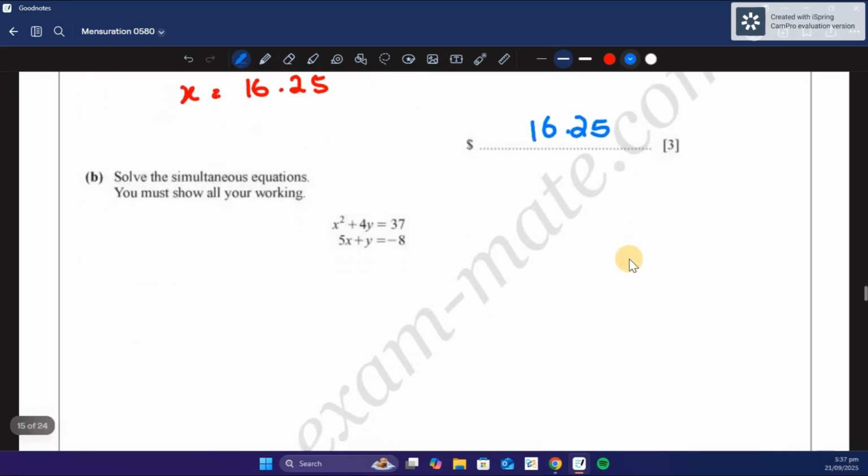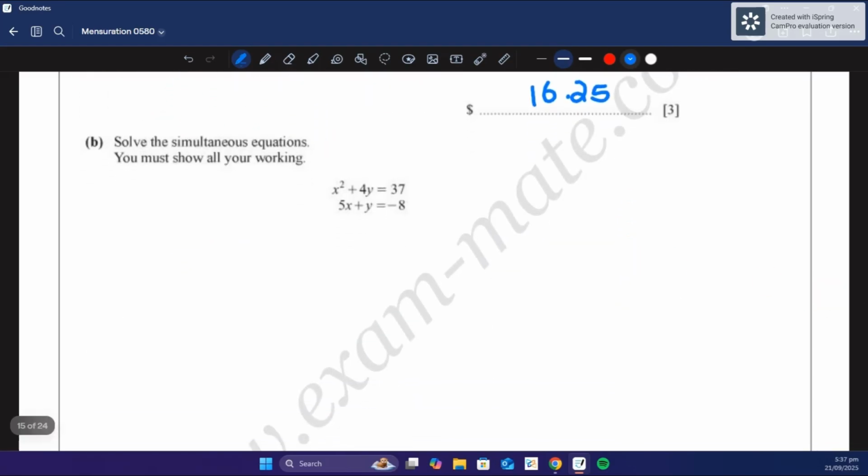Perfect. Solve the simultaneous equations. You must show all your workings. So what we're going to do is make one variable equal so that we could simply eliminate.